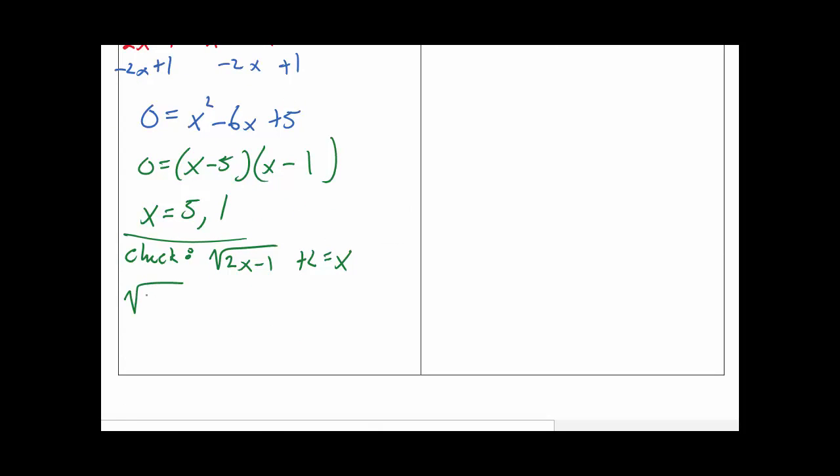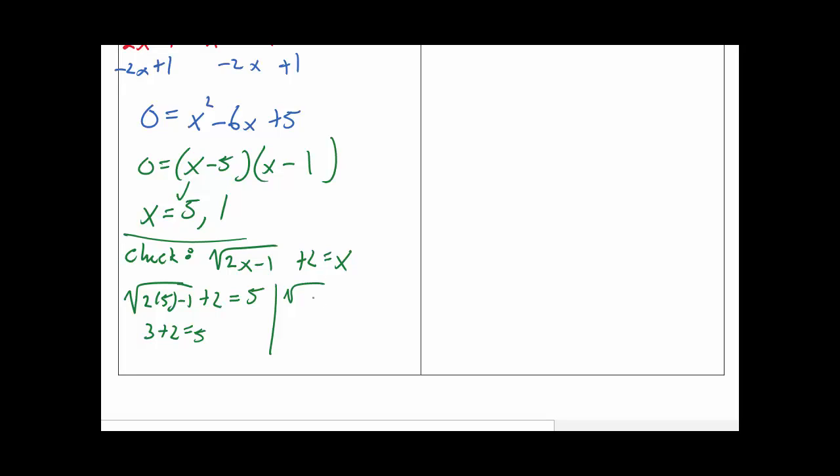Alright, so the square root of 2 times 5 minus 1, plus 2, does that actually equal 5? Well, let's see. 2 times 5 is 10, 10 minus 1 is 9. So I end up with 3 plus 2 equals 5. So the 5 checks. What about the 1?